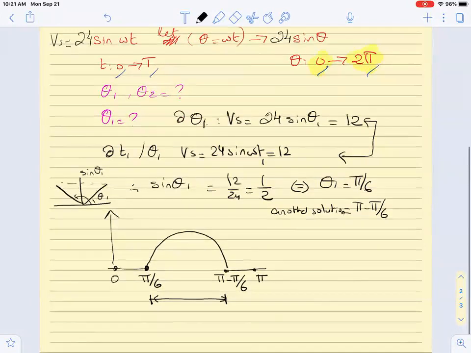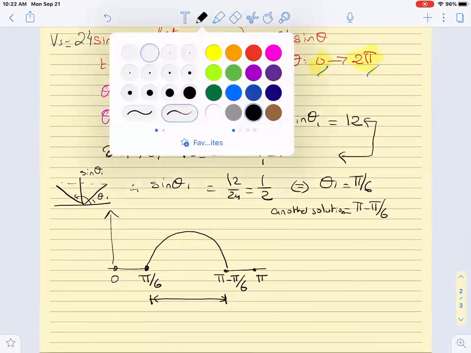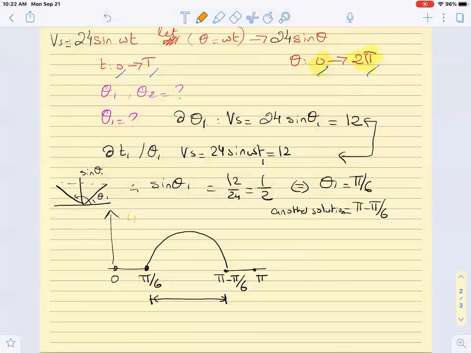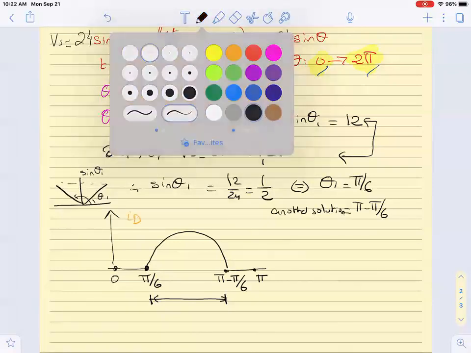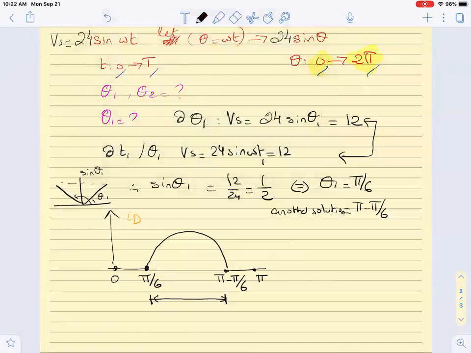If this is how my ID looks, and I want to draw the voltage under it, just as a sketch, not to scale, then this is the intersection of the voltage with 12.